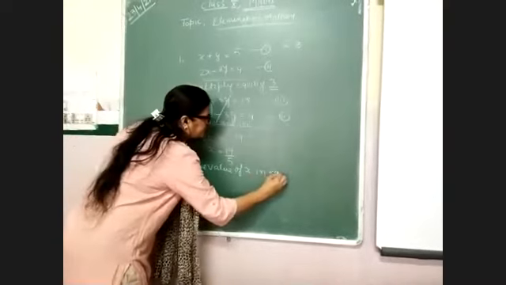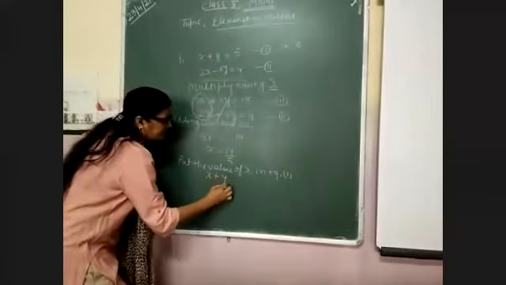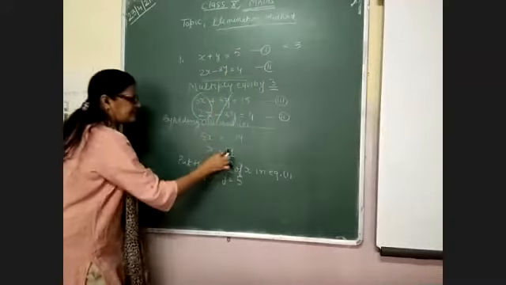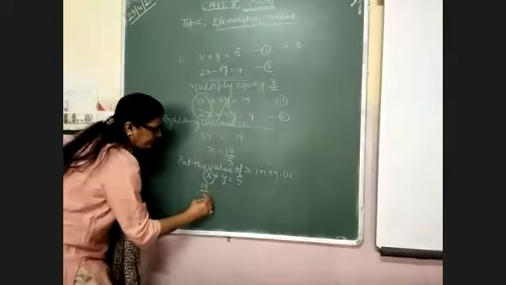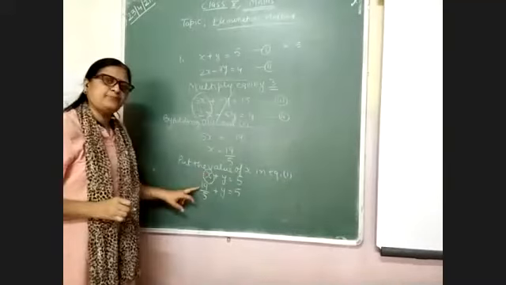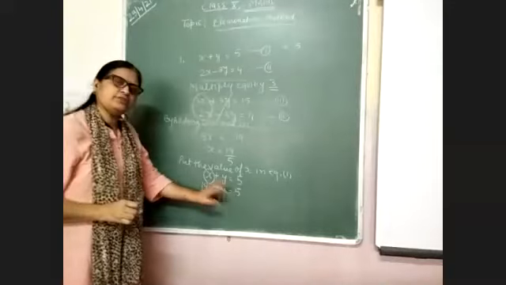Put the value of x in equation 1. Your equation 1 is x plus y equal to 5. In place of x, I put 19 upon 5, so 19 upon 5 plus y equal to 5.